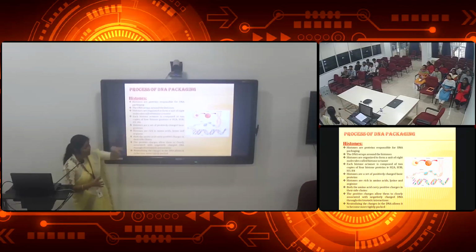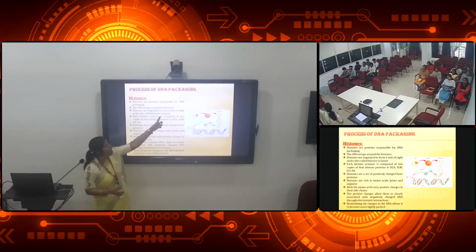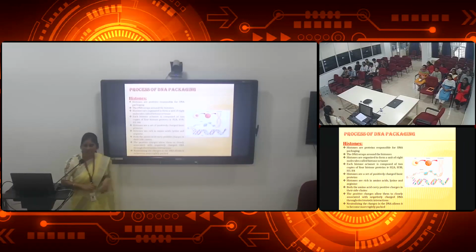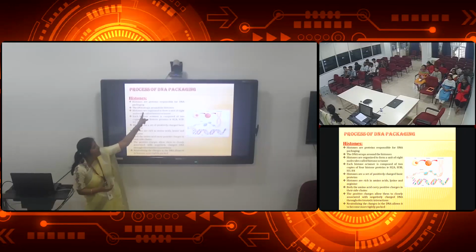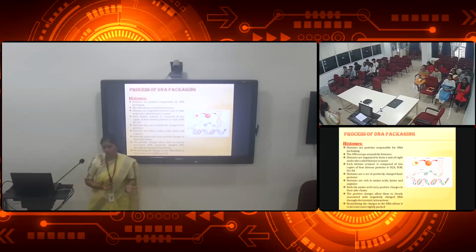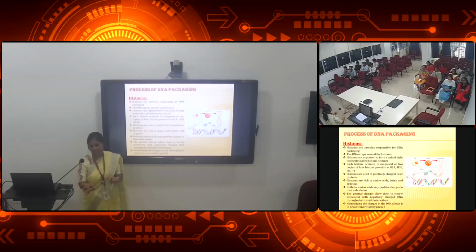That structure is called an octamer. Histone proteins are positively charged, DNAs are negatively charged, so the DNA wraps around the histone. Phosphorylation and acetylation, these two processes affect the DNA packaging.